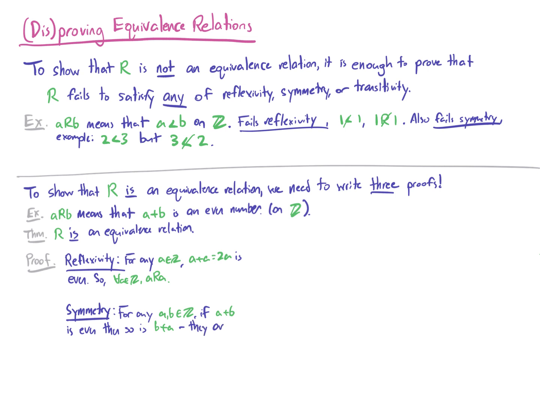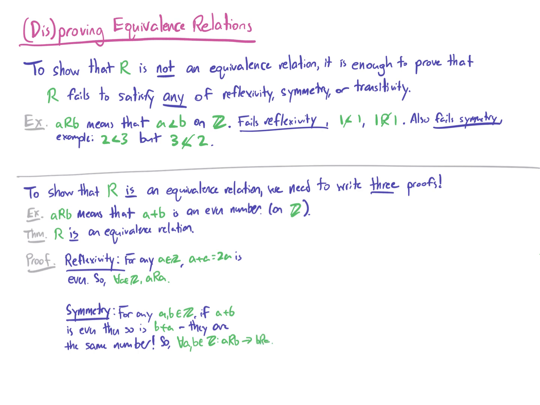They are, after all, the same number. That's how addition works. It doesn't matter what order I do it in. So this is a quick little informal direct proof that for all a and b in the integers, a related to b means that b is related to a.